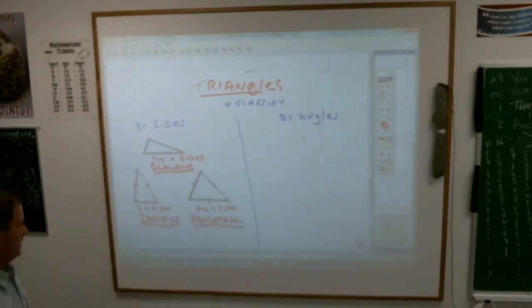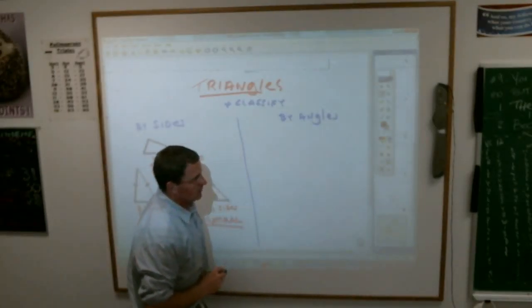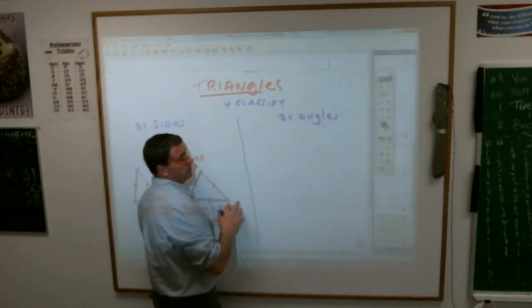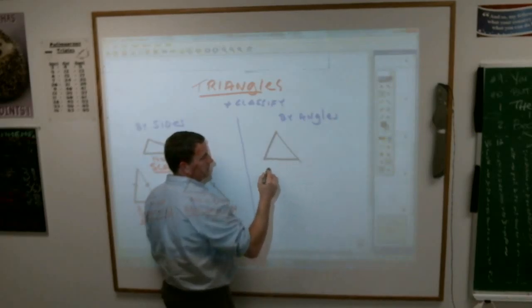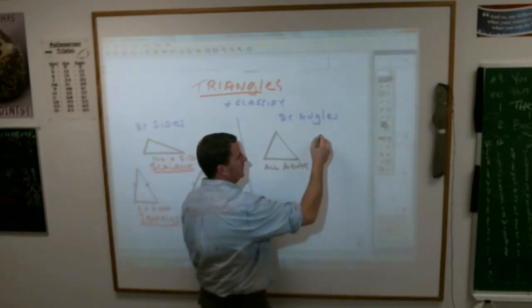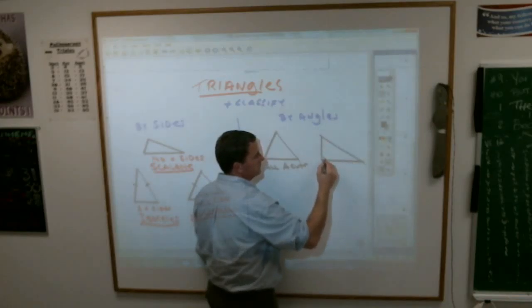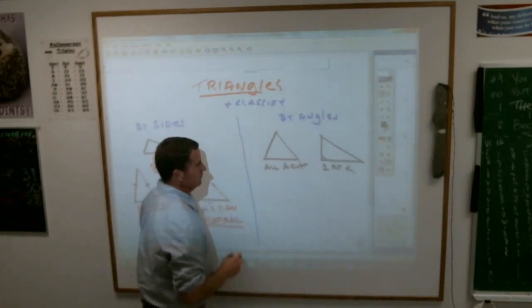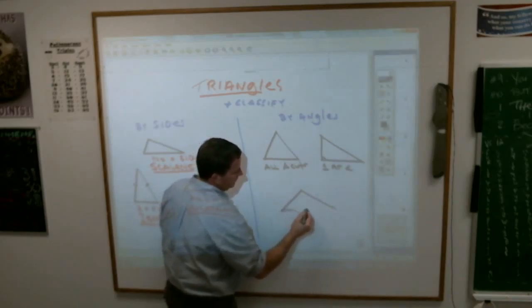Alrighty. And then when it comes to sorting them out by their angles, here are your only three choices for that. Either they have all acute angles, or they have one right angle, or they have one obtuse angle.